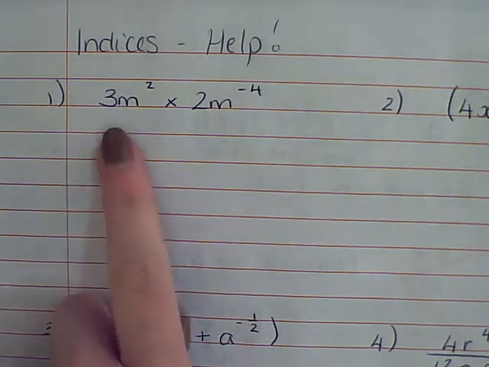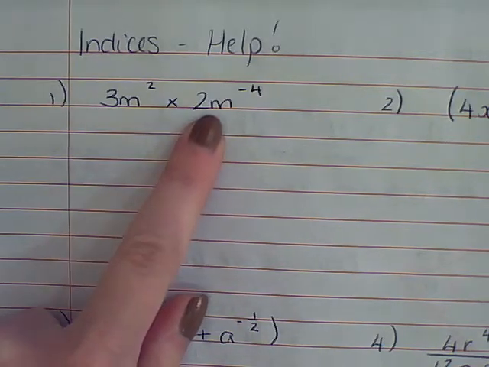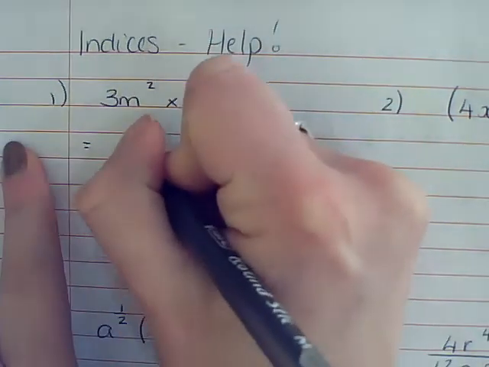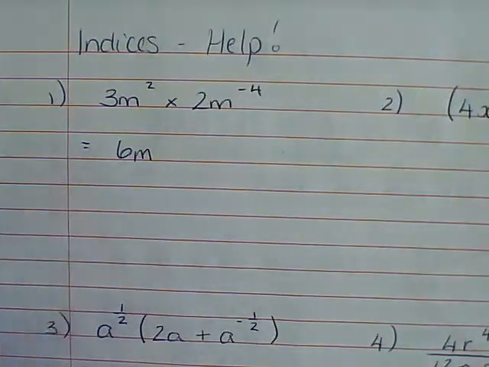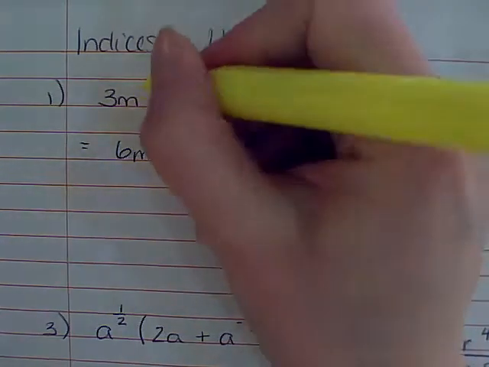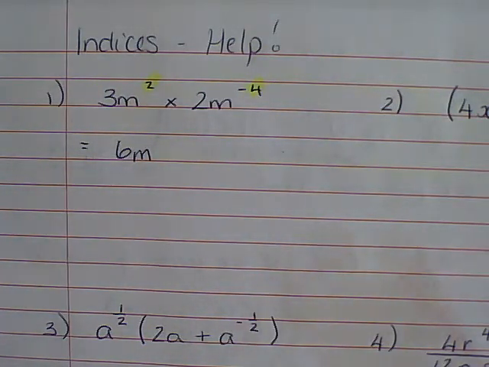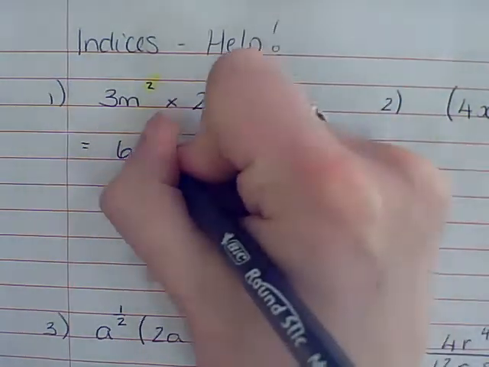Okay, so for this first one here, 3 times 2 is 6, so I've got 6m. And hopefully we remember that with our indices, in this concept, we're going to add them. So we're going to do 2 add -4, which is -2.